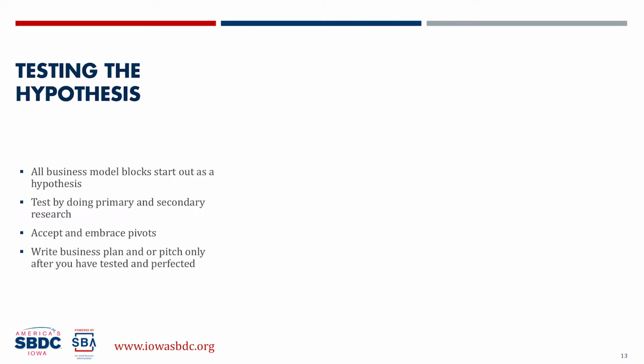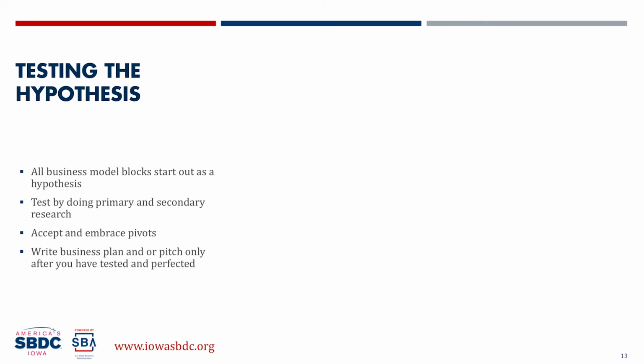You're also testing who exactly your market is by maybe reaching out and testing a different market and seeing if that would be a market for your products. You're looking at everything from your key partners, your key activities, and just making sure those are exactly your partners and the activities that you need to do. You're going to test all of it by doing research, which is how market research kind of falls into it. And we'll talk a little bit about the different kinds of research.